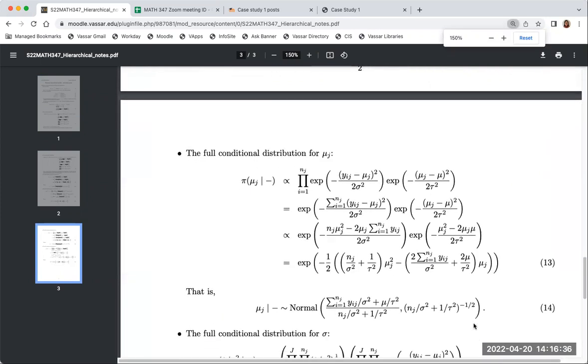The general format is still very similar to what we had done using the normal model. But what I want to highlight is that if I'm looking at mu j only, then you can see that the update only depends on the Yij from group J. Similarly, the sample size of group J matters, but any other group size doesn't.